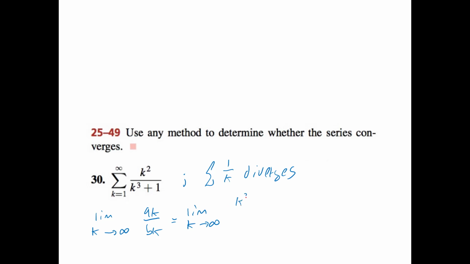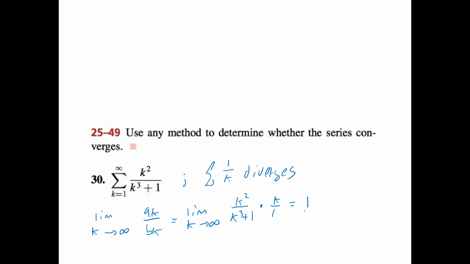A sub k for me will be k squared over k cubed plus 1 times k over 1. And you can see that when you multiply straight across, the degree of the numerator will be 3, the degree of the denominator will be 3. Same degree, you get the leading coefficient of the top over the leading coefficient of the bottom. And now here your limit is 1.